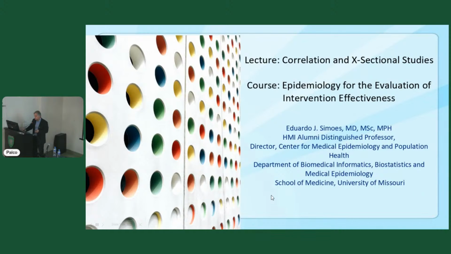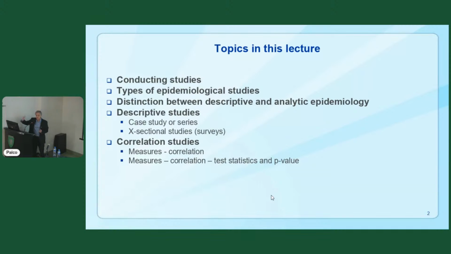So we're going to start by covering very quickly correlations and cross-sectional studies. As you know, there's a sequence of epidemiological designs, and this sequence is very important for you to feel strong as you're going deeper into more complex designs. Make no mistake, a randomized clinical trial is an extremely complex design. It can be made very complex.